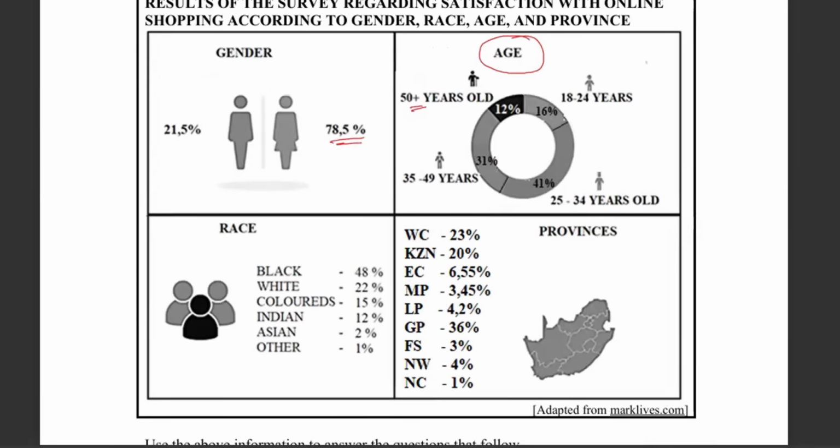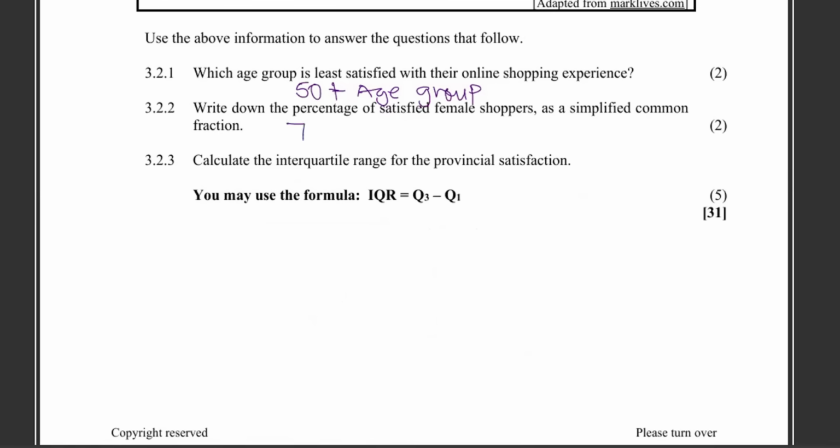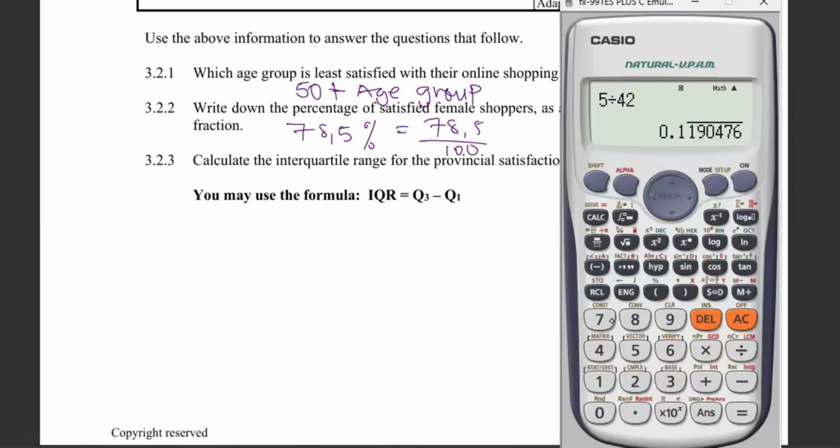As a simplified common fraction, females. So it's 78,5. So what do you do? 78,5%. This is the same as 78,5 over 100. Please don't take a lot of time. Just pick your calculator.